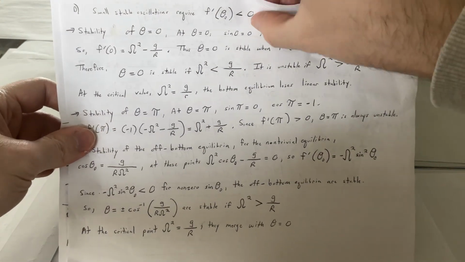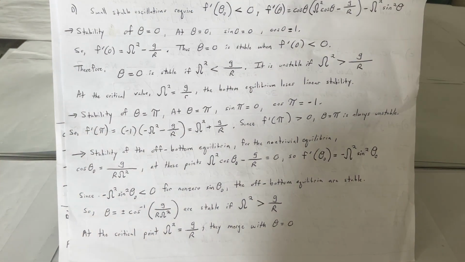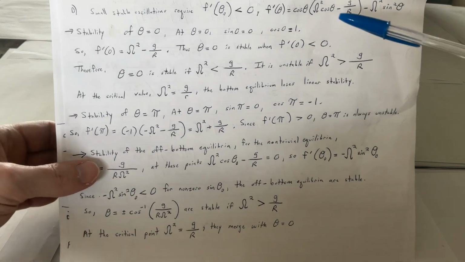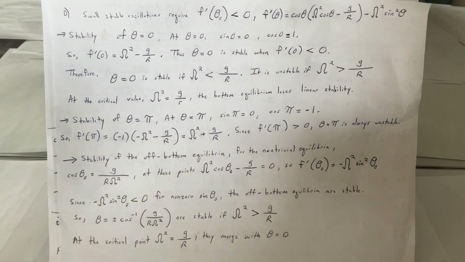Building on this, small stable oscillations require f prime of theta naught to be less than 0, and f prime of theta equals cosine theta times the quantity omega squared cosine theta minus g over r, minus omega squared sine squared theta.